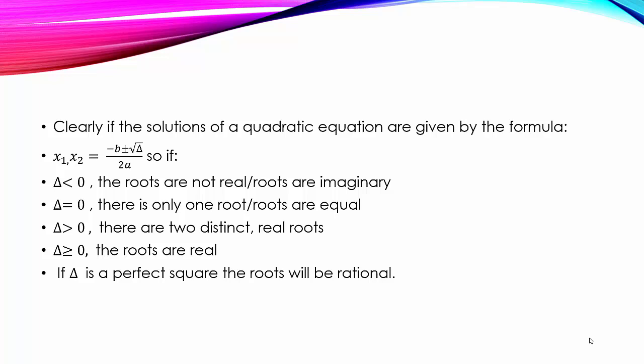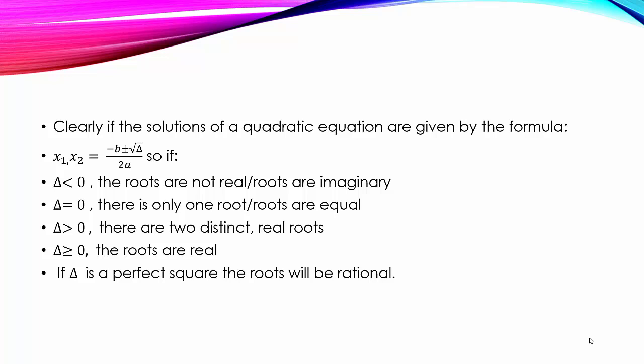So if delta is less than 0, the roots can't be real, or we say the roots are imaginary. If delta is equal to 0, then that square root disappears and we only get the solution minus b over 2a. So we say there is only one root, or sometimes we say there are two roots but they're equal to each other.